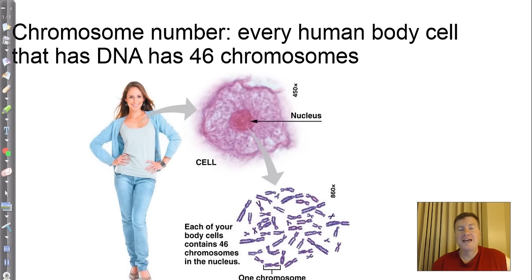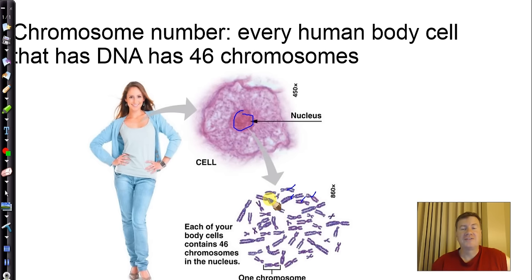So in cells that have DNA, as not all cells do, if you look in the nucleus, there's going to be 46 pieces of DNA wrapped around proteins, and this constitutes our chromosomes.